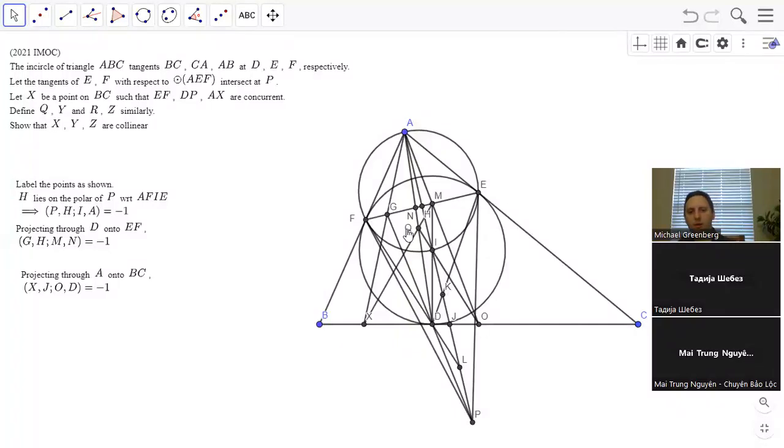I like that. Let's see. So yeah, we still want DX over XC. How can we use that? That's a median.